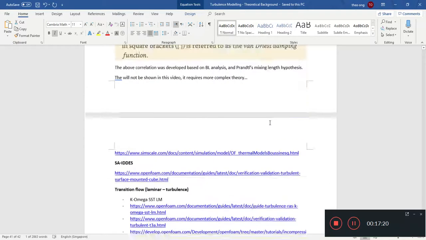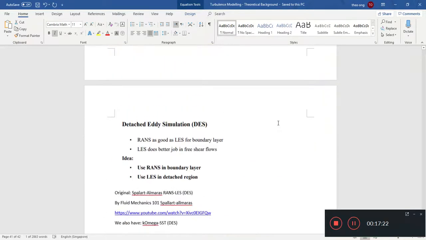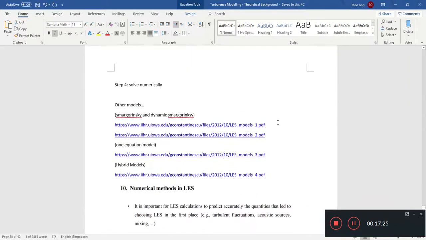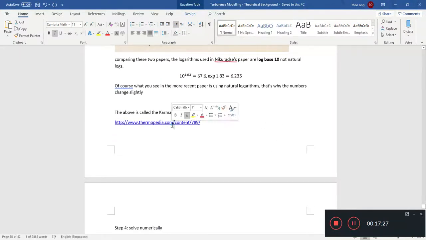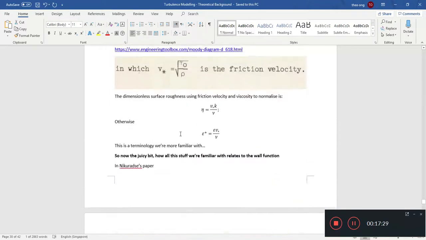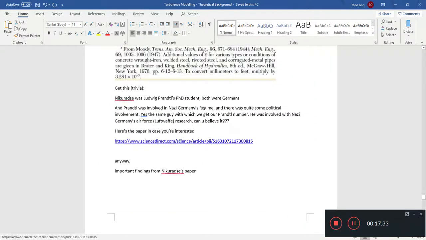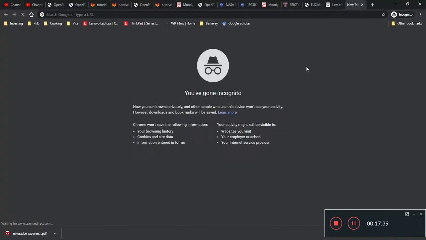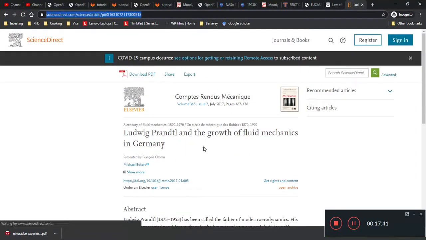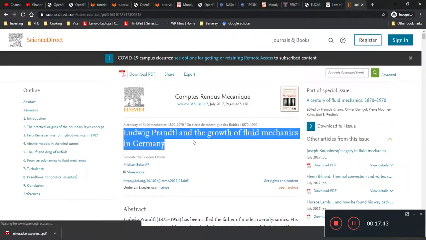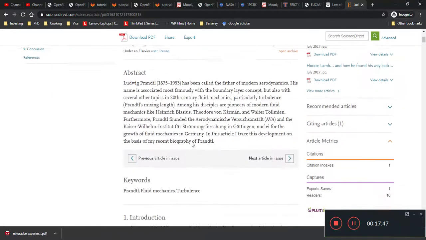This is pretty interesting because we always think of scientists as not being politically involved, but in this case it shows otherwise. So I have this: Ludwig Prandtl and the growth of fluid mechanics in Germany. You can download this paper, or at least look at the abstract.